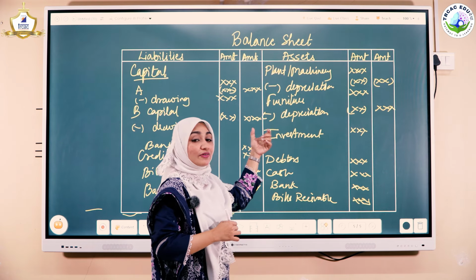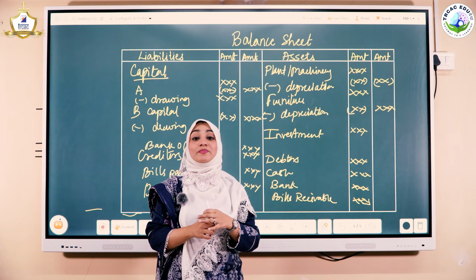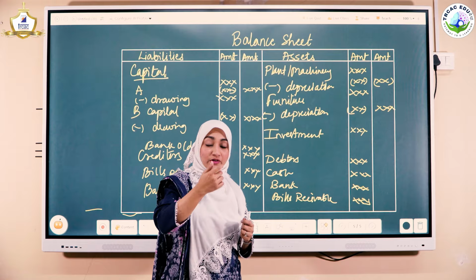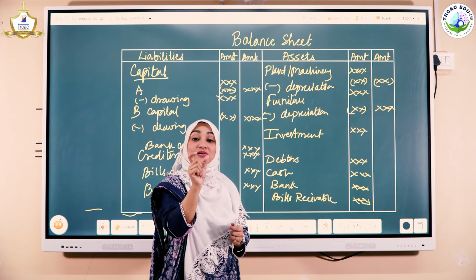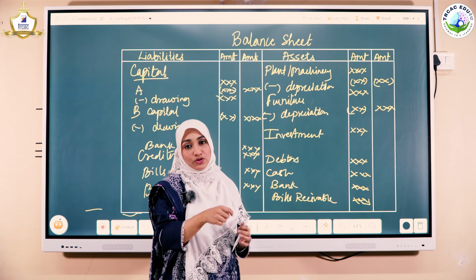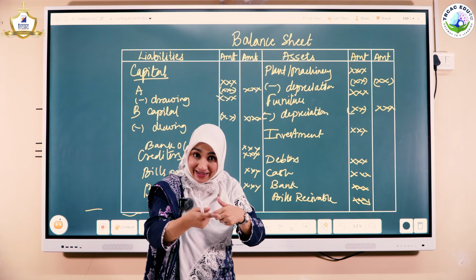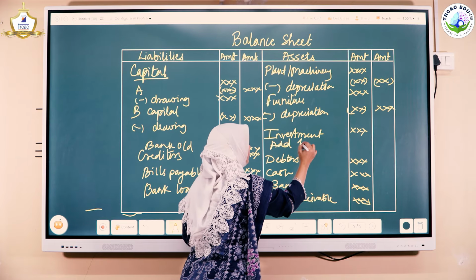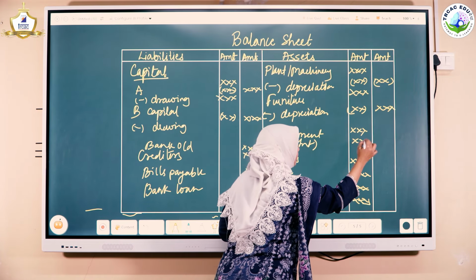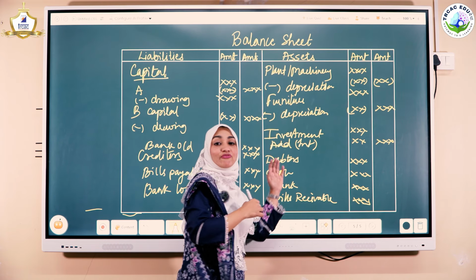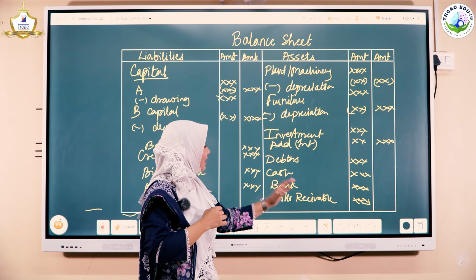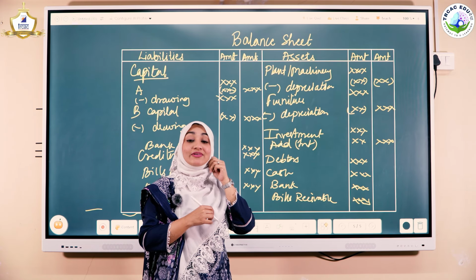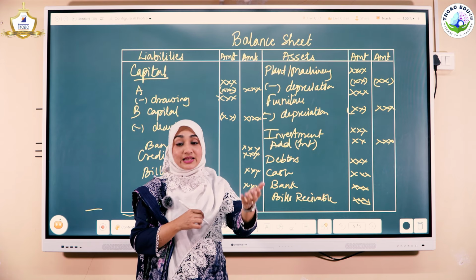Perfect. Similarly with investment, if there is an investment with interest, like a government bond, a percentage of interest will be given. So the interest will be added back, correct? So you will add the interest and the final amount will go outside. Coming to debtors, you will be having debtors with bad debts and RDD.